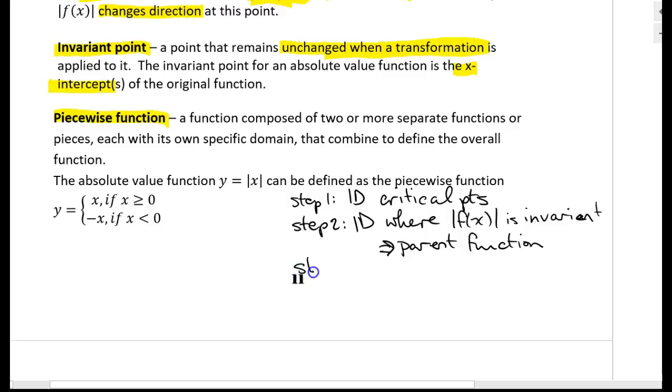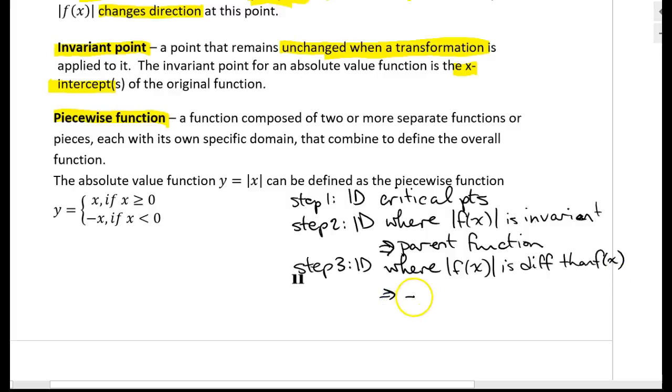And step three, we're going to identify where the absolute value of your parent function is different than f of x. And that is where we're going to reflect your parent function to define the equation.